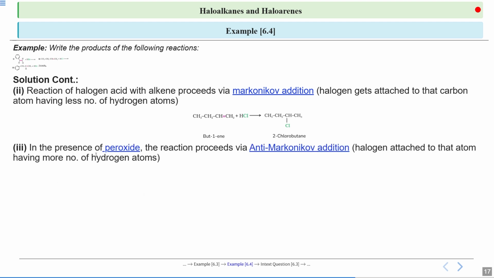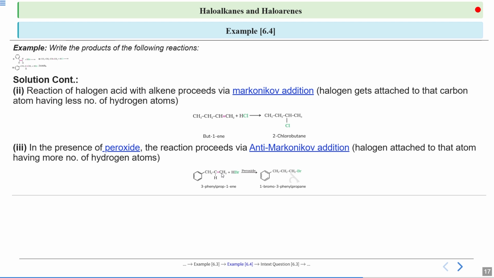In the third reaction, it is happening in the presence of peroxide. Okay, so if it is the case and the reaction is between alkene and halogen acid, the reaction will proceed via anti-Markovnikov addition rule. That means halogen will attach to the carbon having more number of hydrogen atoms. It is the opposite of the Markovnikov addition rule. So you have this 3-phenylprop-1-ene.